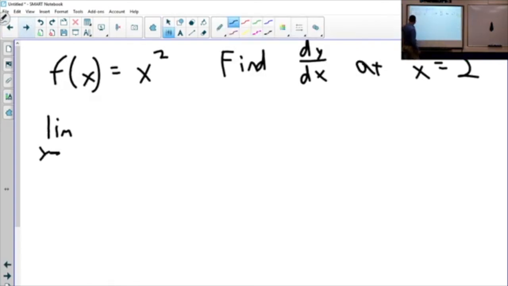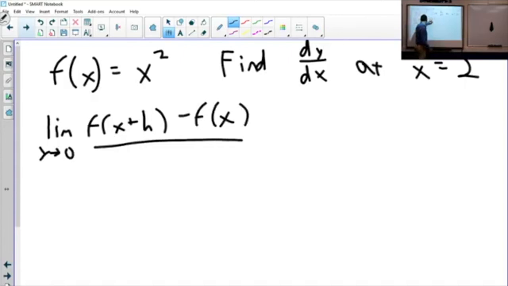Limit as h approaches 0 of f of x plus h minus f of x, all over h. Remember, this just comes from the slope formula. We're finding the slope formula as my distance between the 2 points gets smaller and smaller.